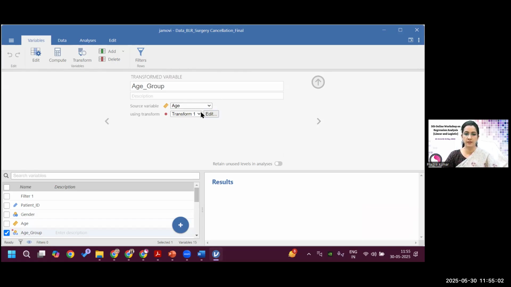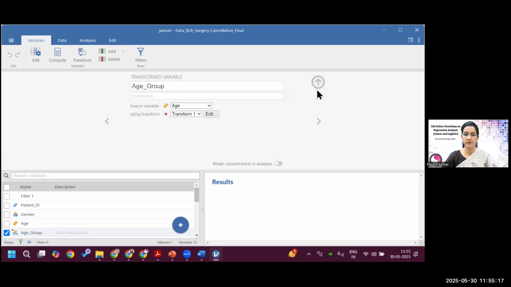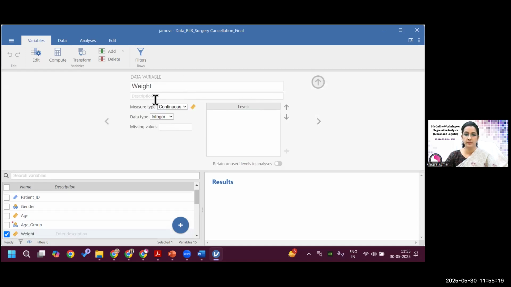Using the transform option, if you press on edit, you can see how we have transformed it. If the source is less than 20, it is less than 20, then 20 to 60, and more than 60. So these are the three age group categories. Then you have weight, which is again a continuous variable. Height is continuous.